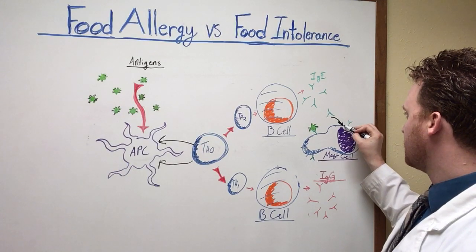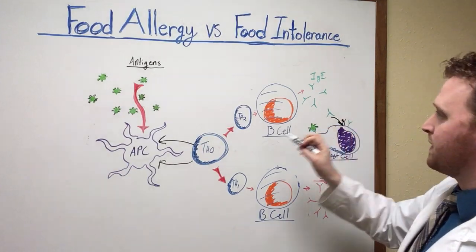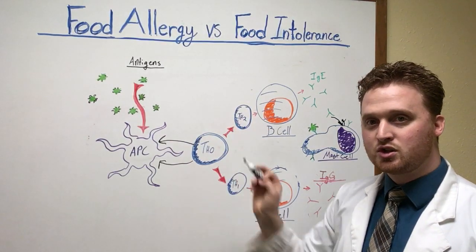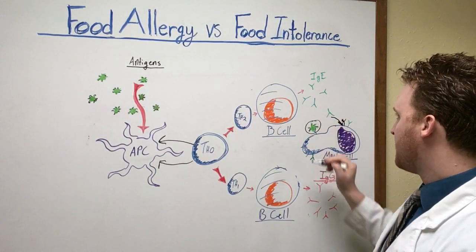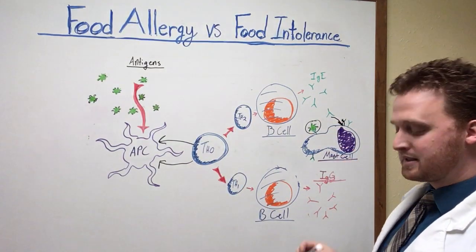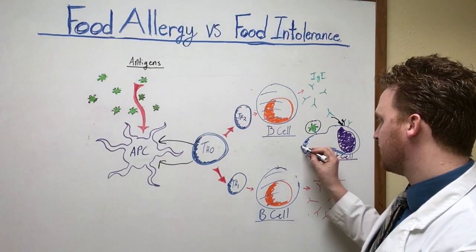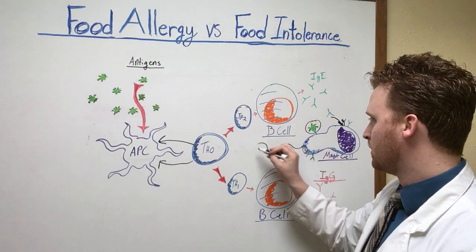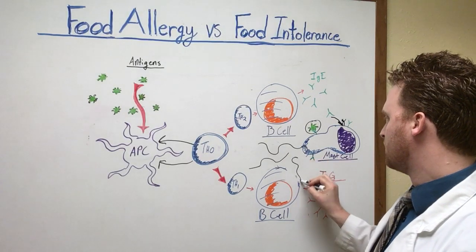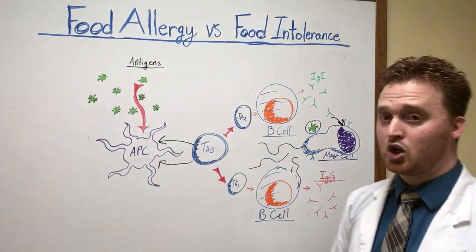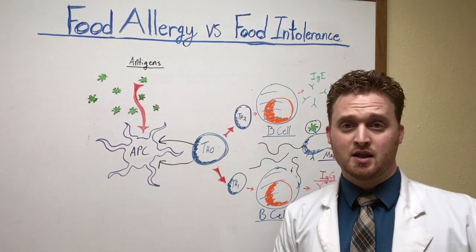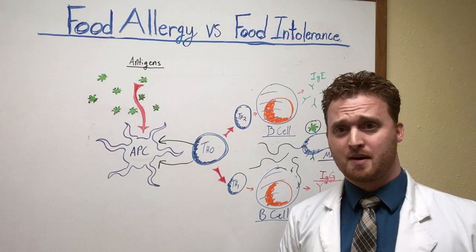The antigen binds to the IgE, and then the mast cell produces what we call histamine, and that causes an allergic, inflammatory response in the body.